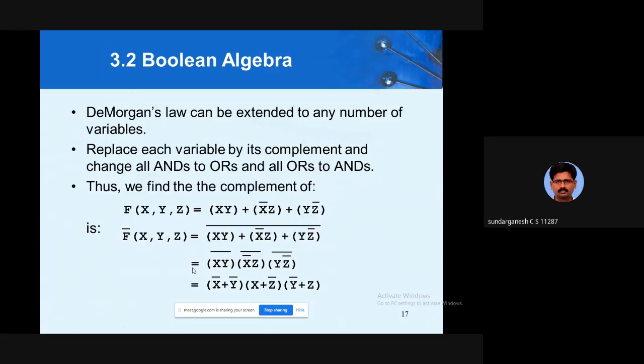So replace each variable by its complement, change all ANDs to ORs and ORs to ANDs. This is about the De Morgan's law. For example, f of x, y, z is xy plus x bar z plus y z bar. Then we are putting a complement.